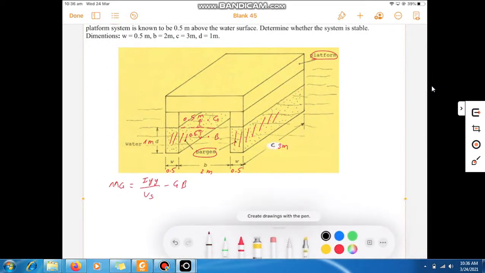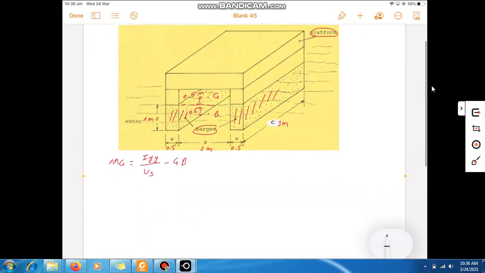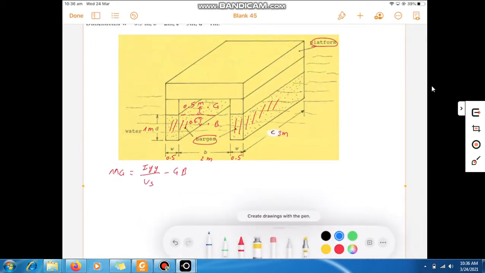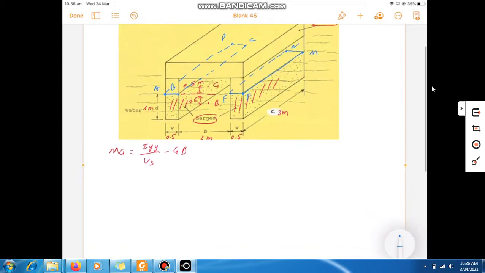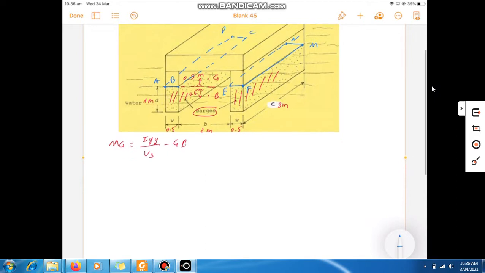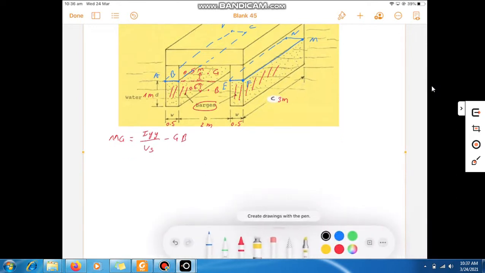Okay. And firstly, we have to have a look at the cross section between the system and the water surface. I call this one point A. This one is point B. This one is point C. This one is point D. This one point E. This one is point F. This one is point M. And this one we have point N. Okay.